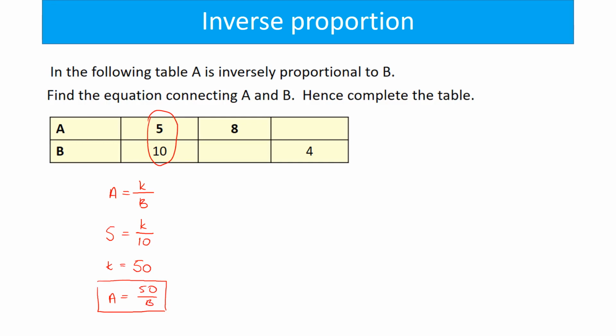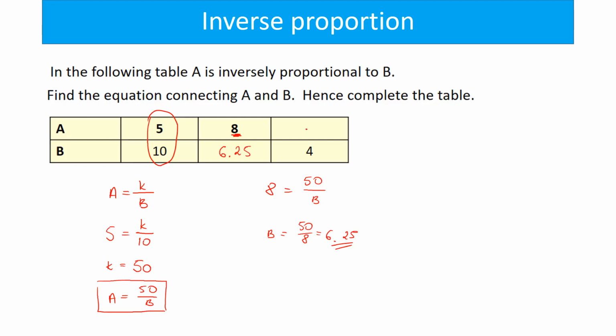Here I've got the value of A, so that's 8 equals 50 over B. To find the value of B, I need to divide 50 by 8, and that is 6.25.